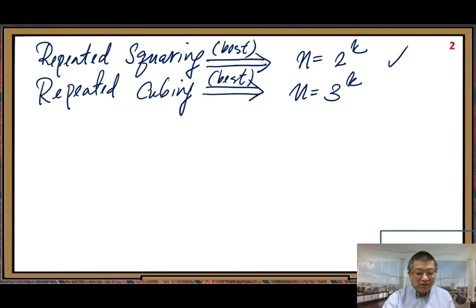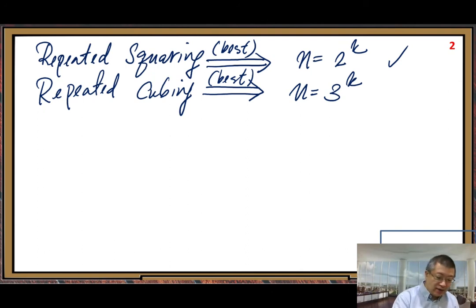All right, based on this kind of analysis, now we want to find a number that favors repeated cubing, not repeated squaring.